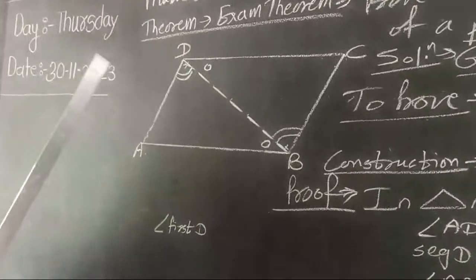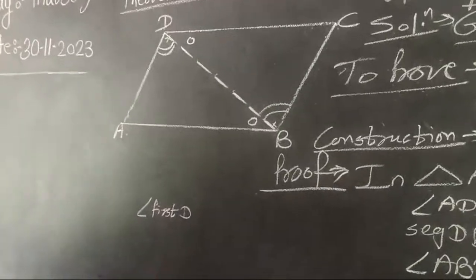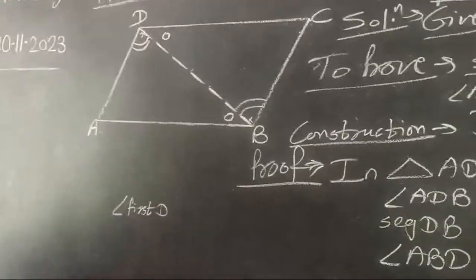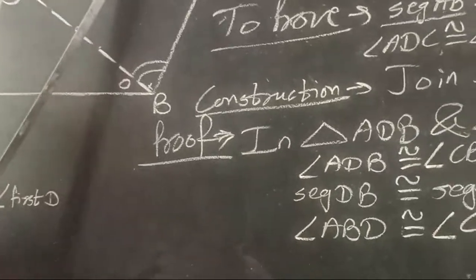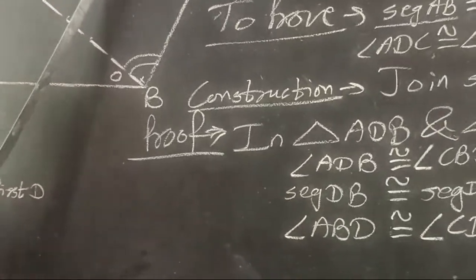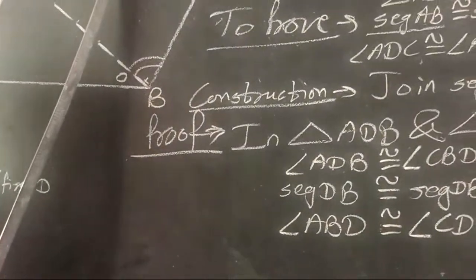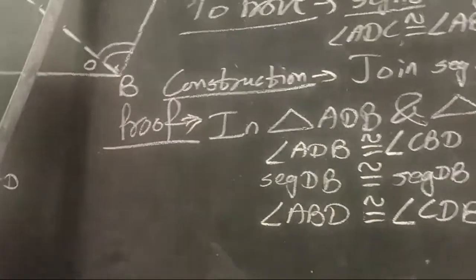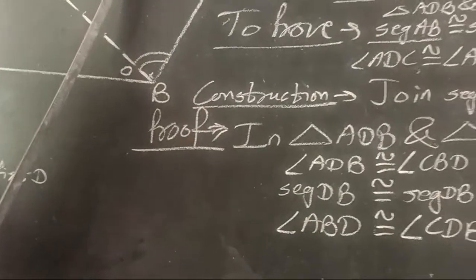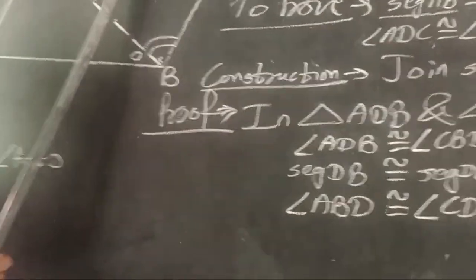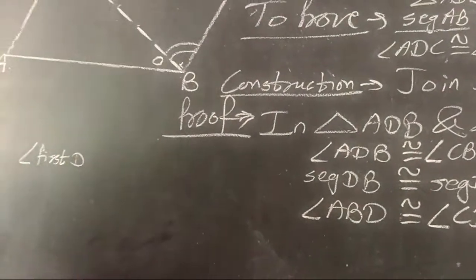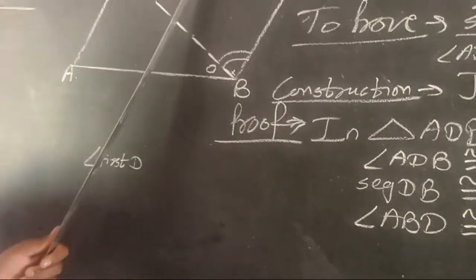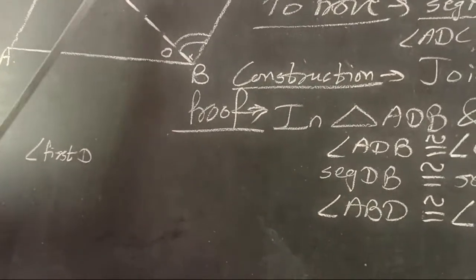Good. Which two lines are parallel? Segment AB and segment DC are parallel because this quadrilateral is a parallelogram. Therefore these two lines are parallel.